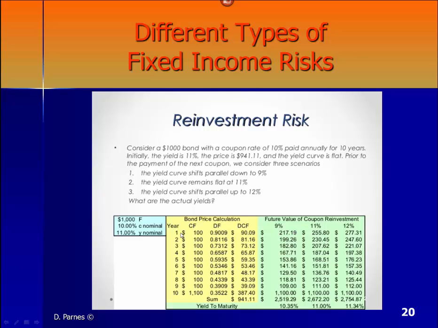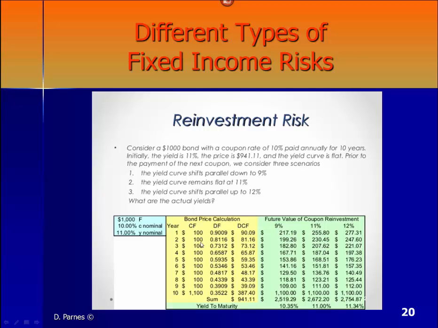Not 10, but 9, because right now we're 1 second before the first coupon is being paid at the end of the first year. So you take the $100 coupon, and you multiply times 1.09 to the power of 9. This is how you get this future value. If the interest rate is changing to 9%, then there are still 9 more years until maturity.